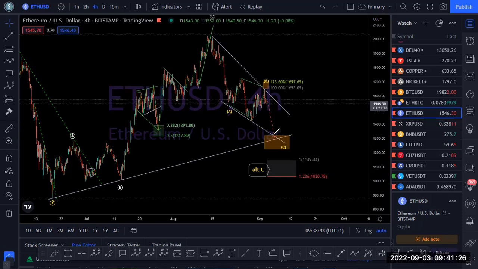If it doesn't reverse here, it will reverse here. That's what I'm trying to explain to you, so that you don't miss anything about cryptos.